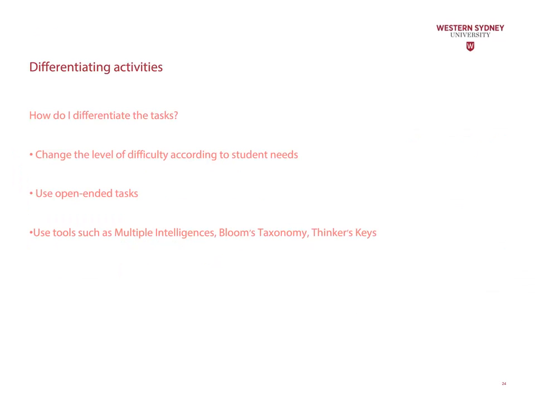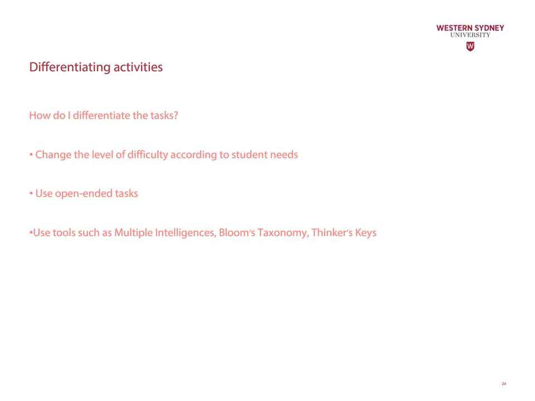Now let's talk a little bit about differentiation. So what can we do to differentiate the tasks? We can change the level of difficulty according to student needs. We can use more open-ended tasks, or we can use tools like Gardner's Multiple Intelligences, Bloom's Taxonomy, and the Thinker's Keys. You should be familiar with each of these by now.